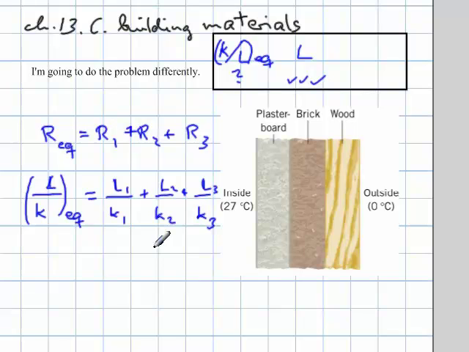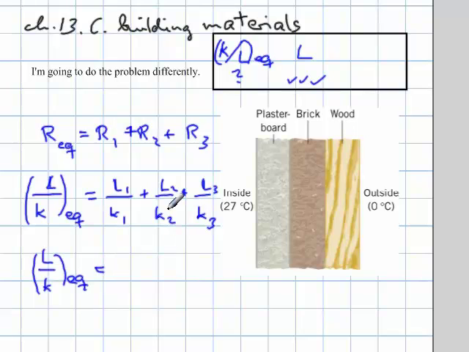So I'm going to have 1 divided by the first K, which is the 0.3, plus 1 divided by the 0.6, plus 1 divided by 0.1. And again, the 1 is in there because I said the L has a value of 1 unit.